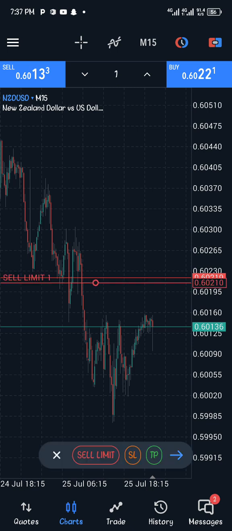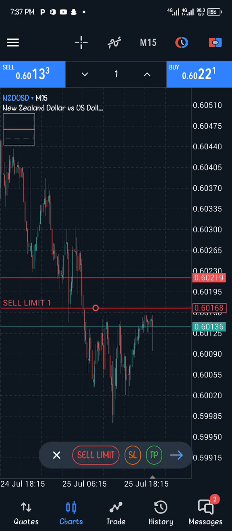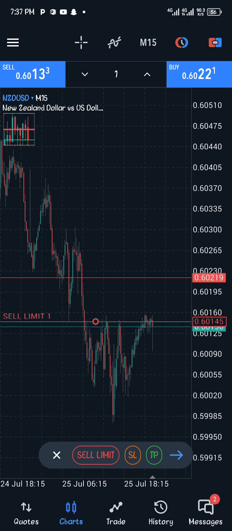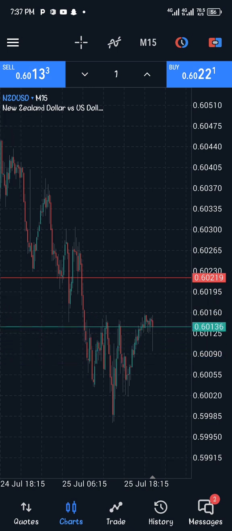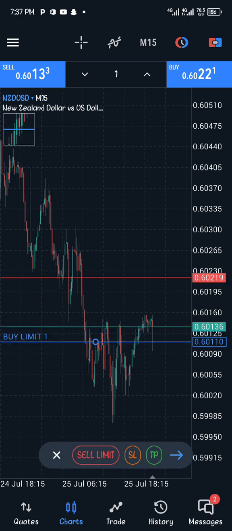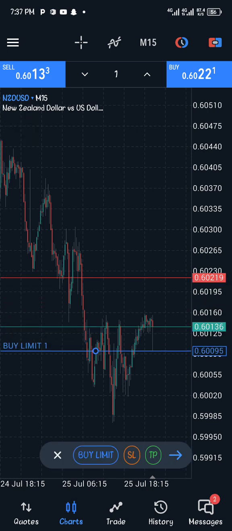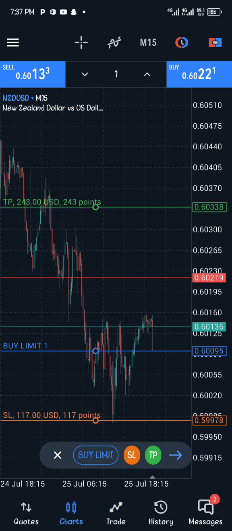When you click on it, if it's a buy limit order, you put it something like this, right? Now you put your SL here, you put your stop loss here, but then again, this is an unspecific and unrealistic way of setting your stop loss and take profit.